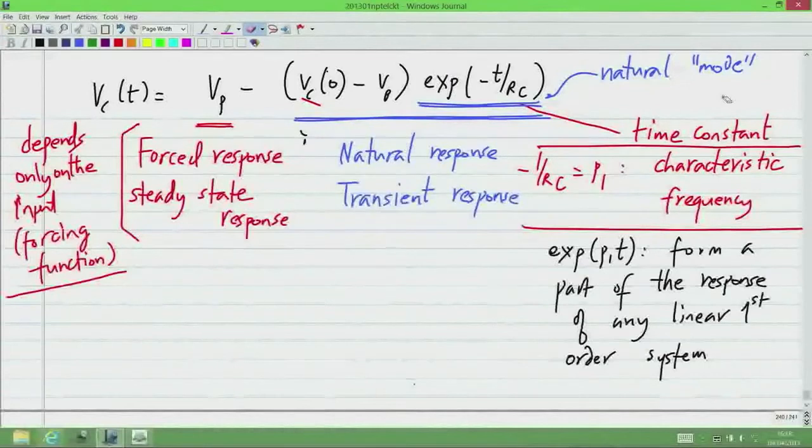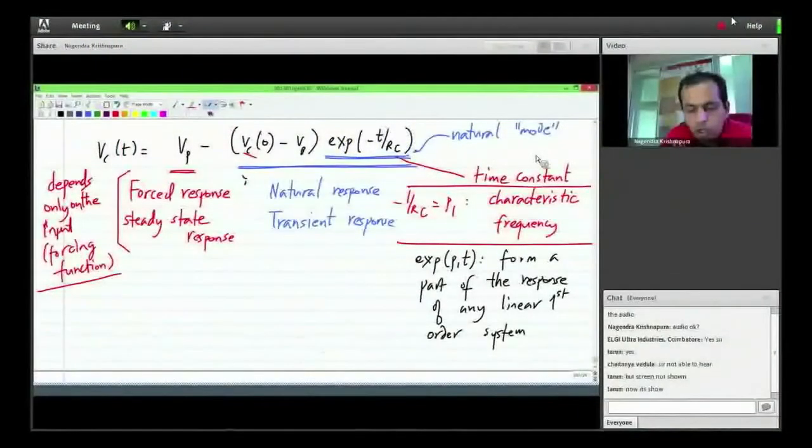Okay, so all linear system response can be classified into the forced response and the natural response, or equivalently the steady state response and transient response.